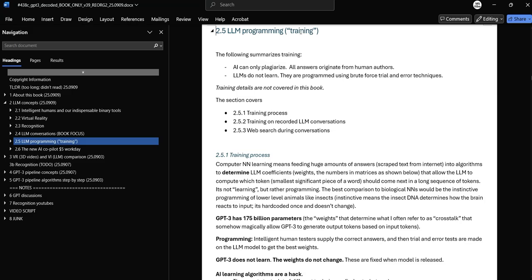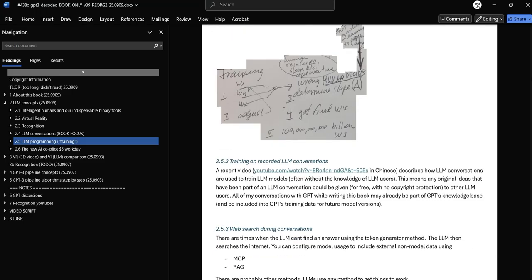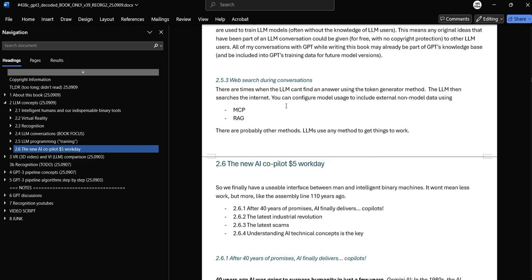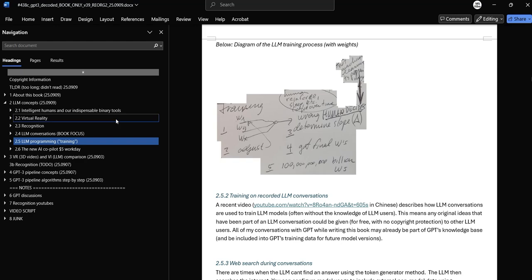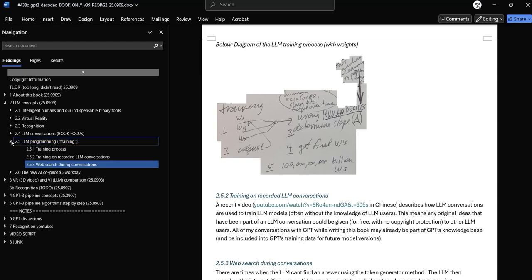LLM training. So you hear that word training a lot of times, and what the word training means is that they find the answers, a huge number of answers, and they run really complicated computations on those answers to determine the weights, the 175 billion weights. And once those weights are set, the LLM doesn't learn anything anymore.